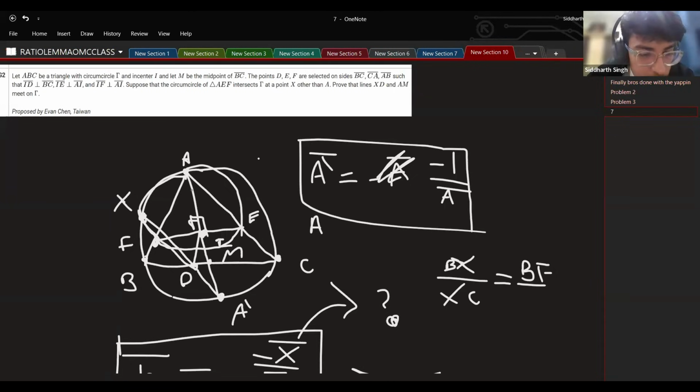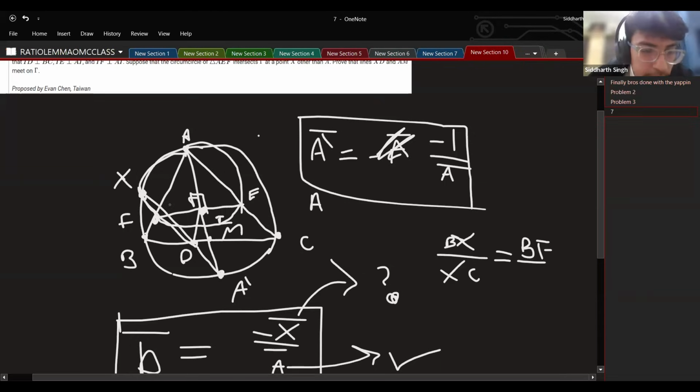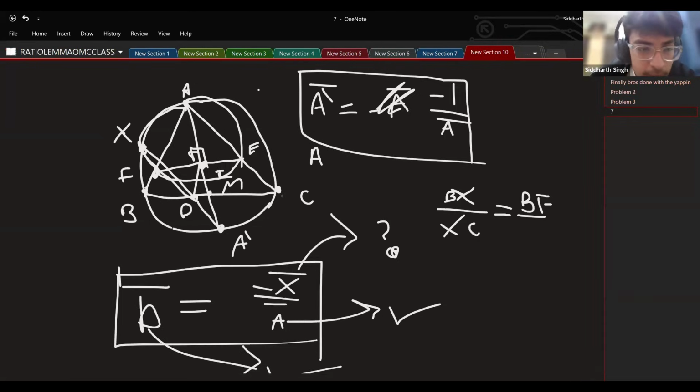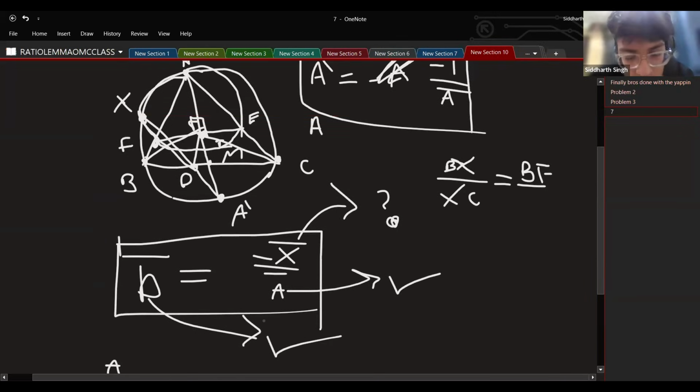So AB minus AF is equal to BF, and AC minus AE is equal to EC. So we can find the explicit expressions for BF and EC. Another way is to use normal geometry to find BF by EC. It must always equate to this thing.